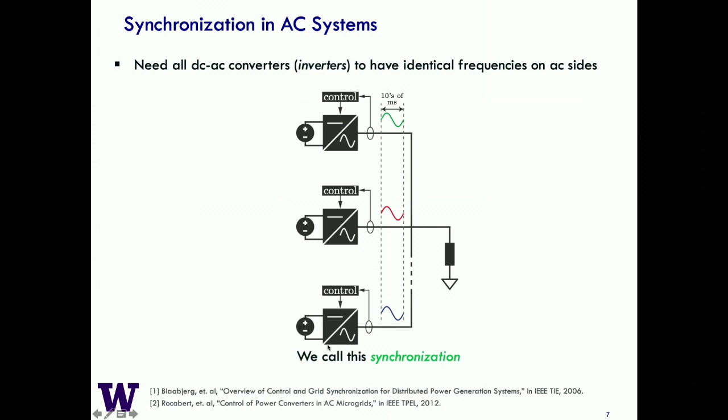Now, if each one of them is producing a sinusoidal waveform, they all need to do that together as one unit. So they need to synchronize with each other. And so that is a key objective that we have to be mindful of when we are assembling AC systems with many power converters all working together.